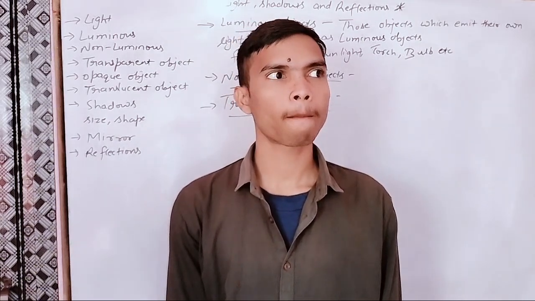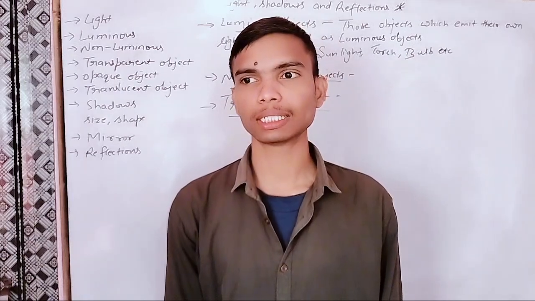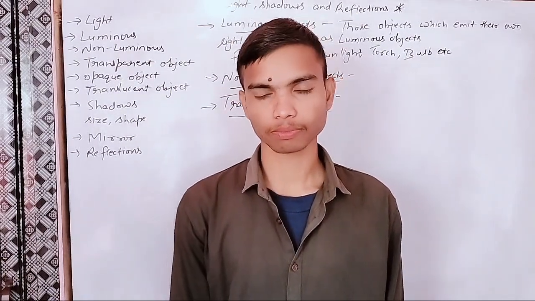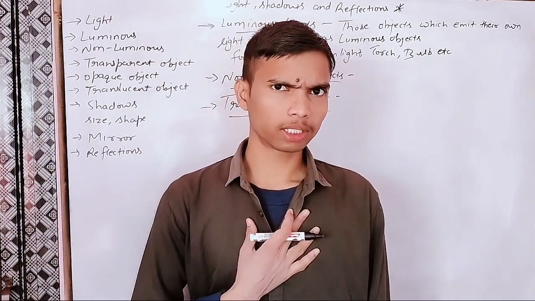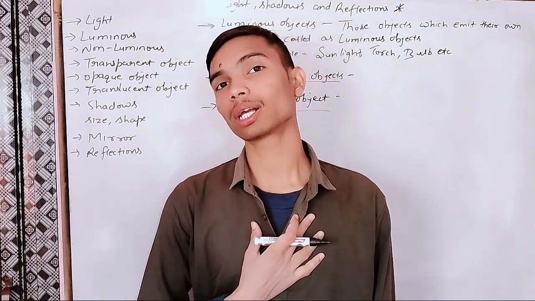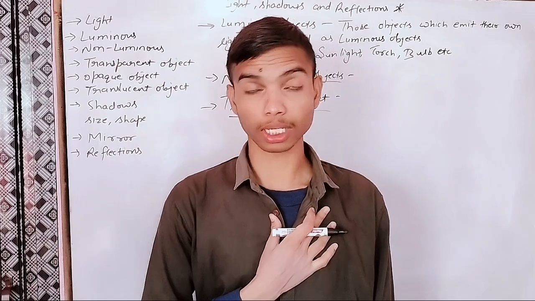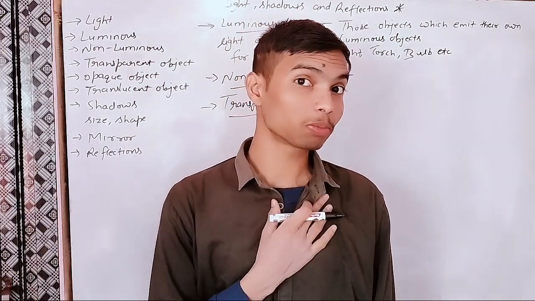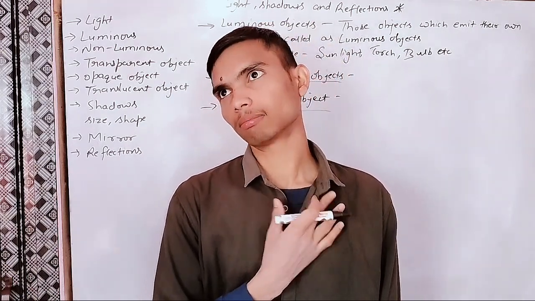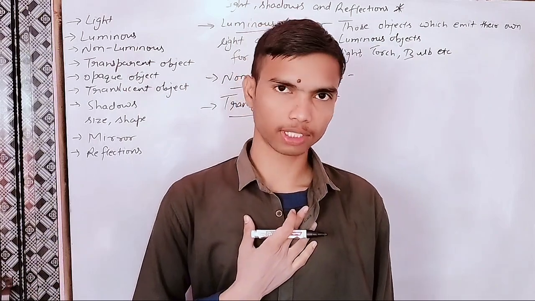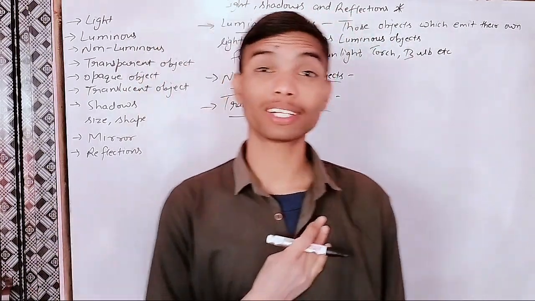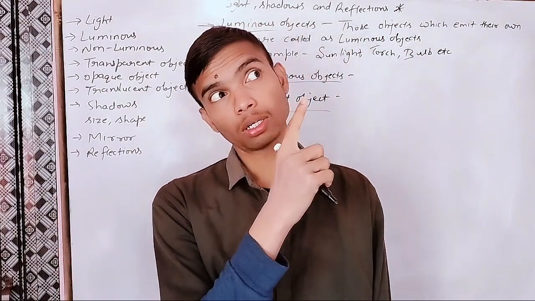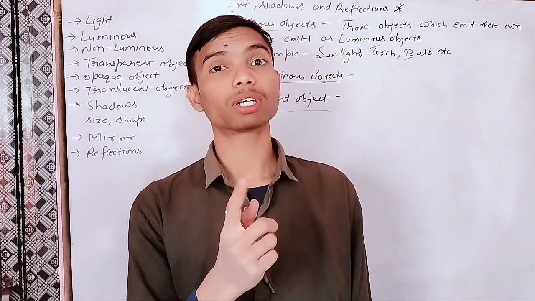So here, let's try to understand in physics language. I am a transparent object. So how can we prove that you are a transparent object? Through the study of physics language we can prove it. In front of me, I am an object.